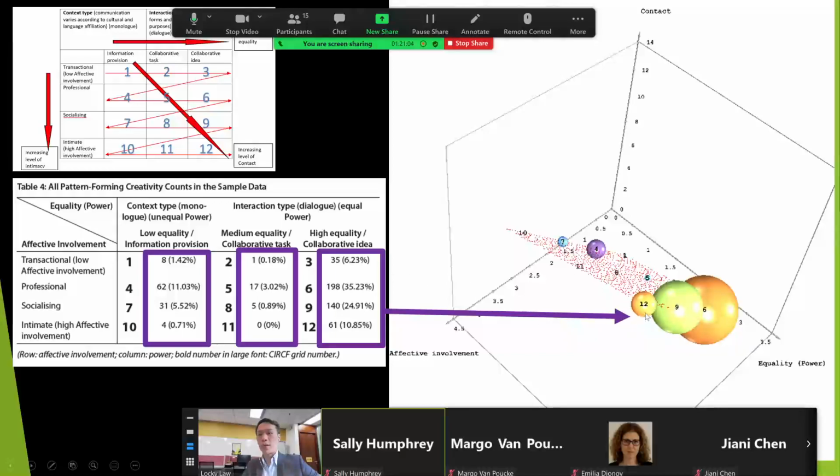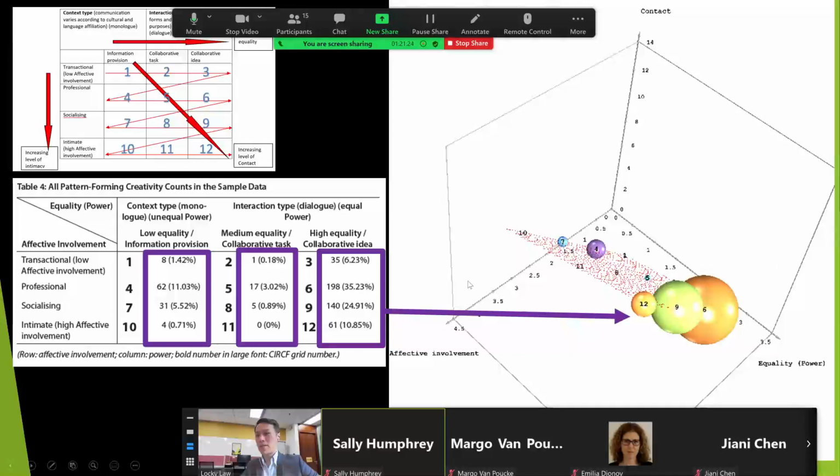We can use number 1 to number 12, and use the size of the sphere to represent the actual number on the percentage. As you can see here, number 6 has the highest percentage of 35.23.